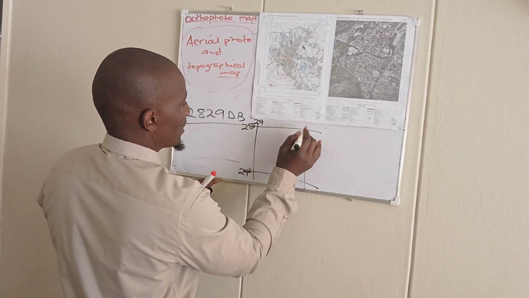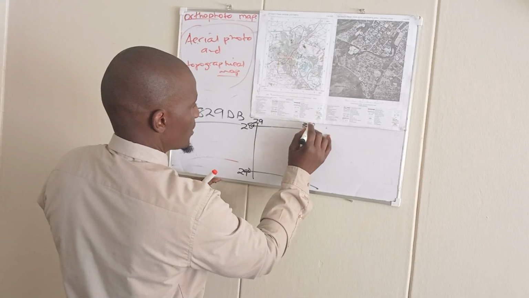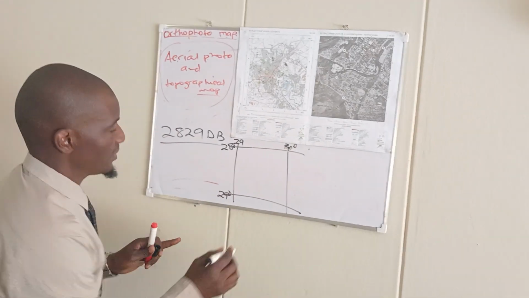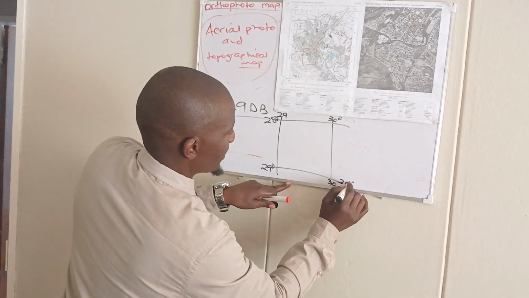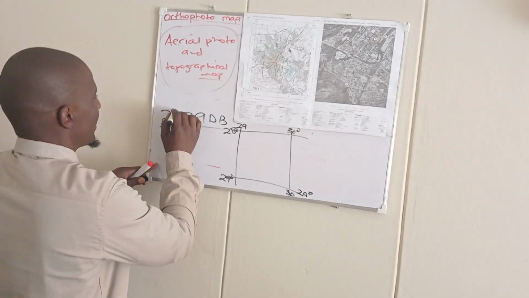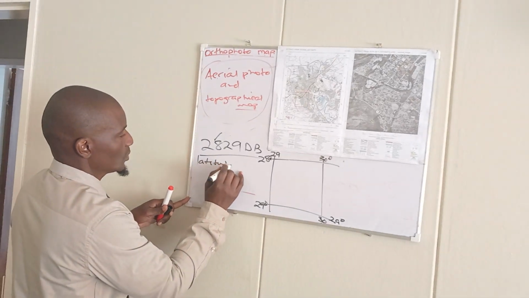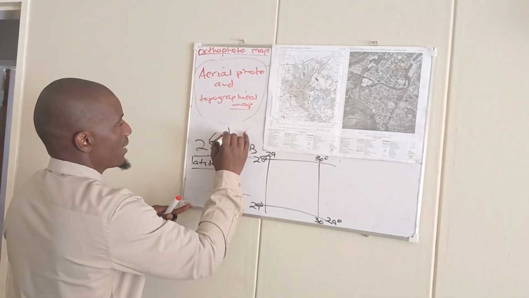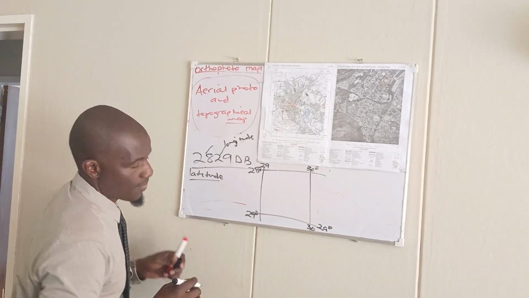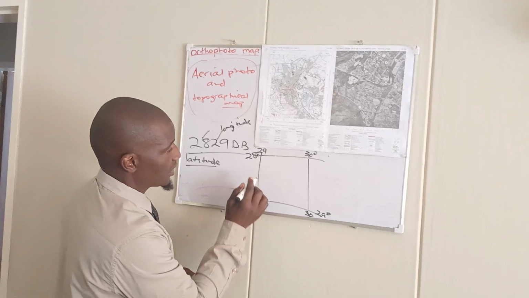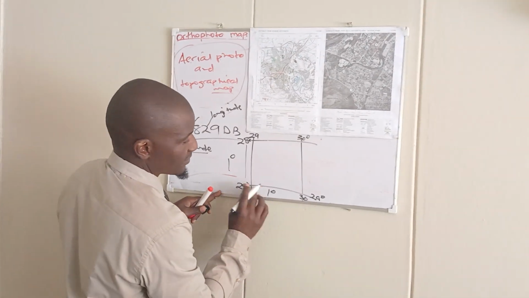This is in terms of degrees. So this 28 represents your latitude. This 29 represents your longitude. Each grid square, the difference here is 1 degree. The same applies here, the difference is 1 degree.